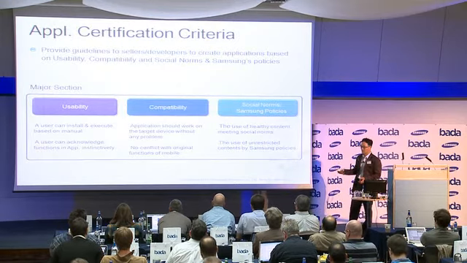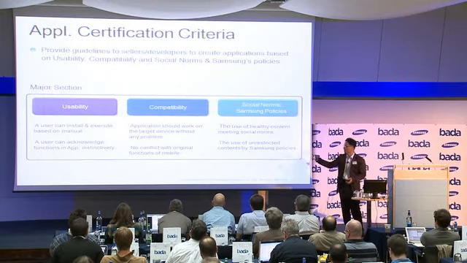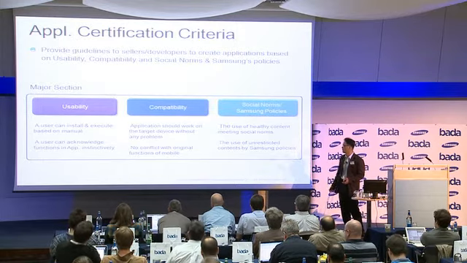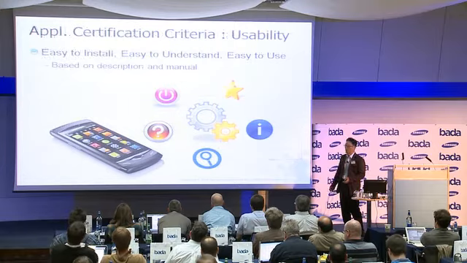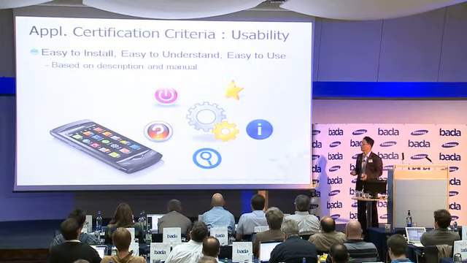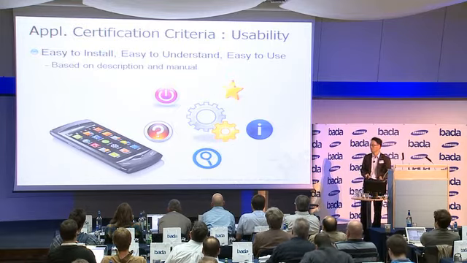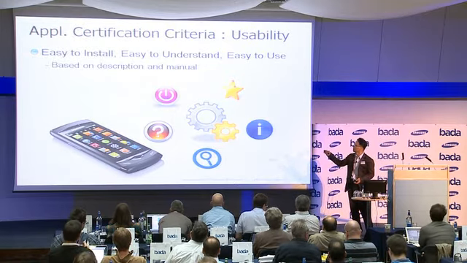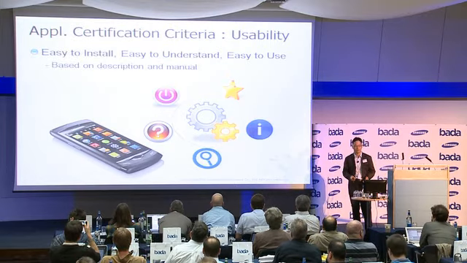Application certification has three main categories: usability, compatibility, and social norms and Samsung policies. First, usability. Samsung minimized the requirements to give a degree of freedom to developers. We just check that it is easy to install, easy to understand, and easy to use, based on descriptions or manuals.